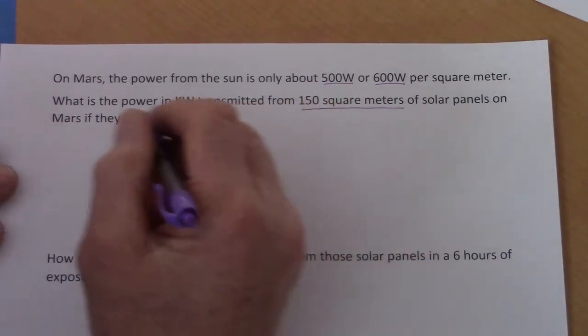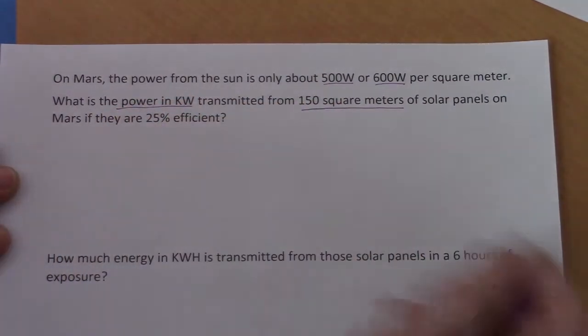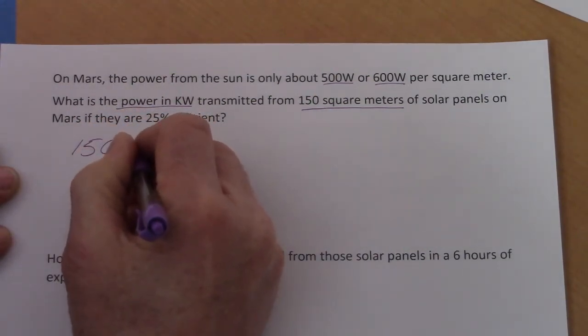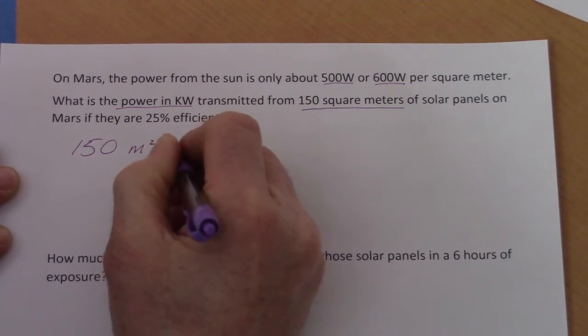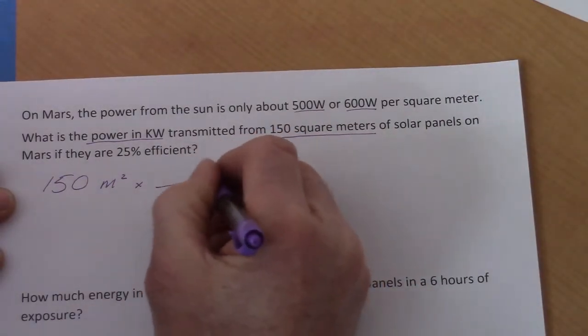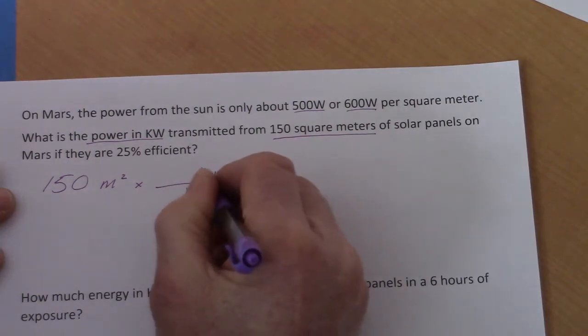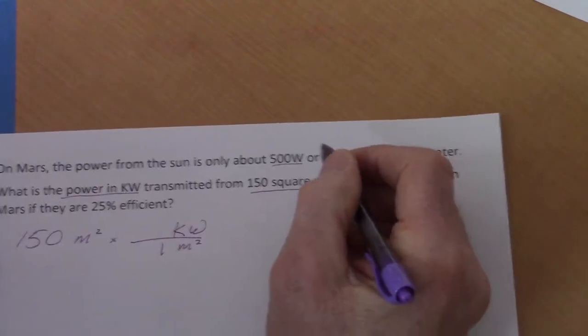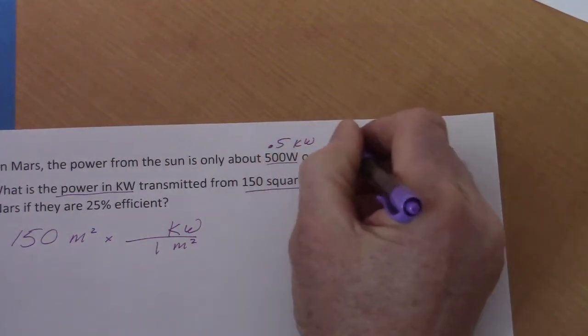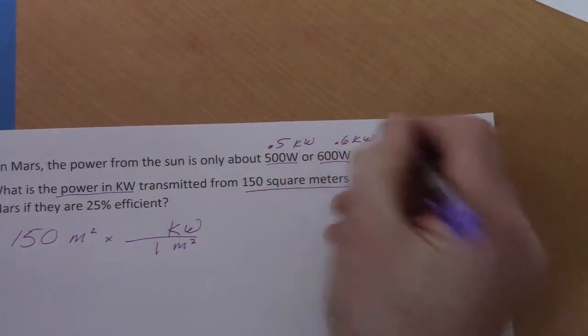So let's calculate that power in kilowatts. In this case we have 150 square meters, and instead of 1 kilowatt per square meter, we only get 500 watts, which is 0.5 kilowatts, or 0.6 kilowatts.